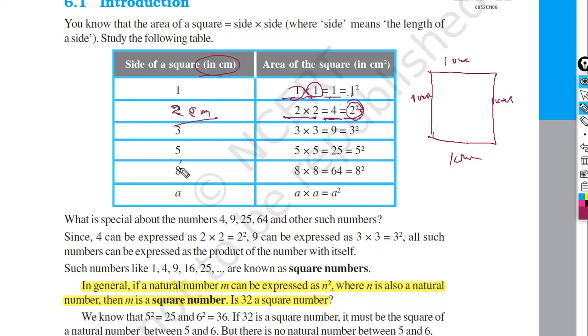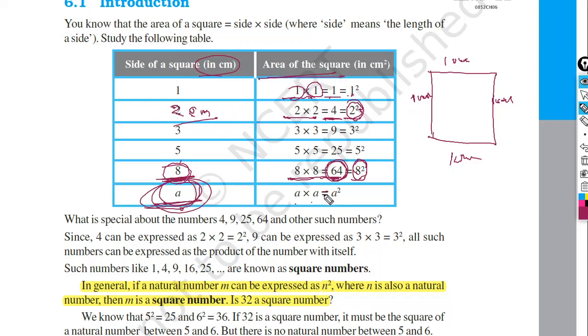Similarly, if the side of a square is 8, then we can find the area as 8 into 8, which is equal to 64, or in other words, 64 can be written as 8 square. In general, if we call the side of a square A, the area is A into A, which is A square.